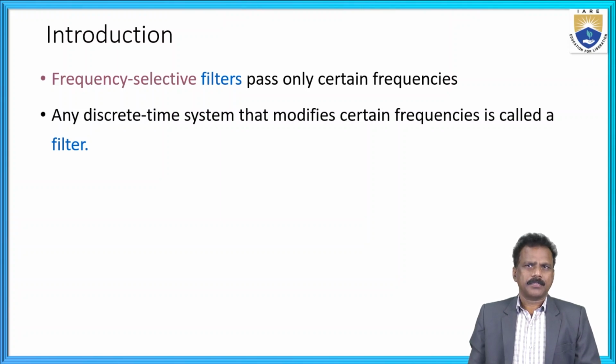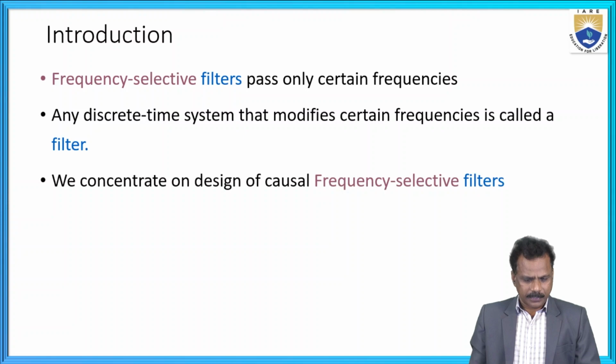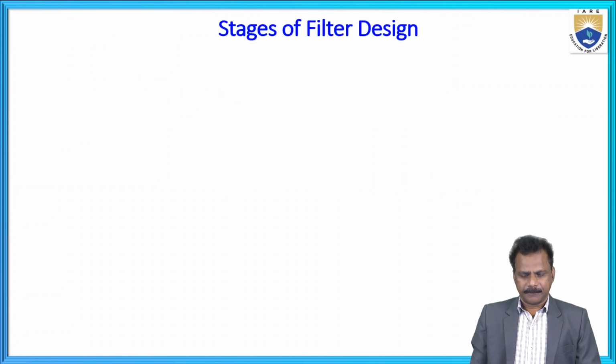Any discrete time system that modifies certain frequencies is called a filter. You know this already; this is the fundamental aspect of the design. So how is it reflected with the discrete time system? With reference to this filter, we concentrate on the design of causal frequency selective filters.